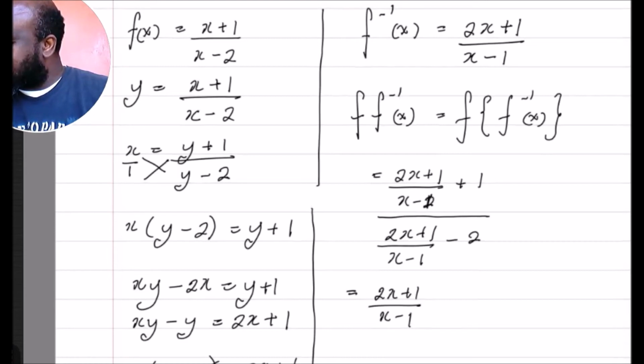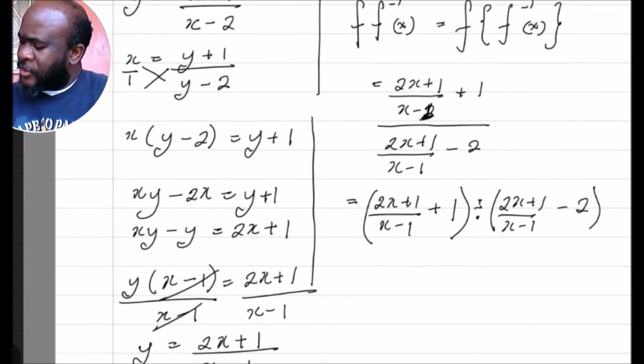There should be a 1 here, instead of a 2. And then this is plus 1. That's the numerator. Divide by the denominator, which is 2x plus 1 over x minus 1 minus 2.